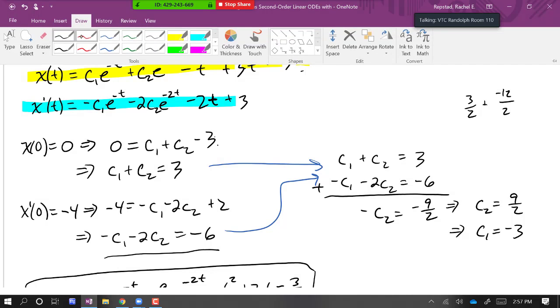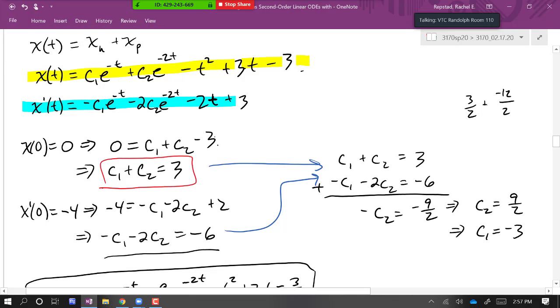This equation is still good. This equation, -c1 minus 2c2, this becomes a +3 instead of a +2. So this becomes -c1 minus 2c2 is -7.